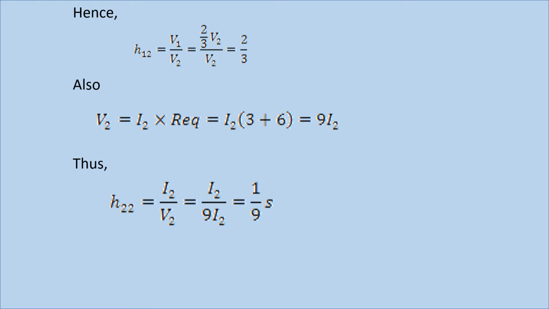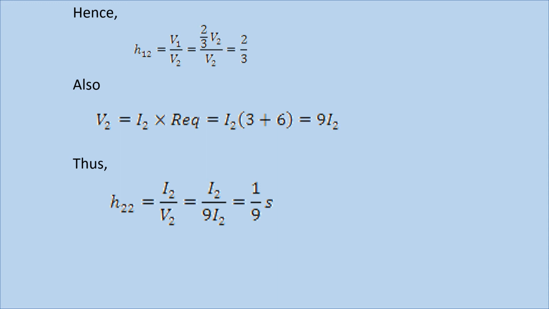Remember from our diagram in slide 8, we have a voltage source V2 that is producing I2, that is producing voltage drop also across the 6 ohm resistor. We can easily say our V2 is equals to, from Ohm's law, I2 multiplied by the equivalent resistor. The equivalent resistor there is the 3 and 6 ohm in series, because our I1 is already 0. So 3 and 6 in series will give us 9.